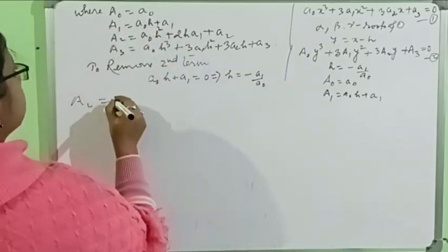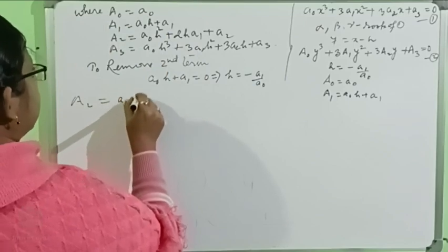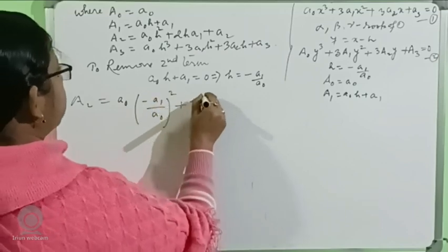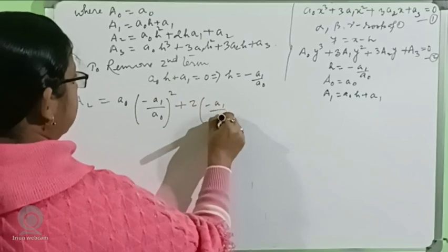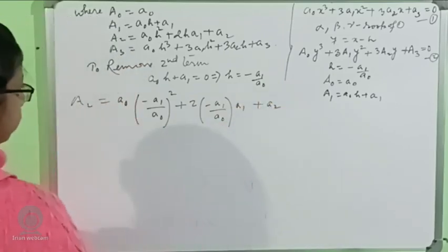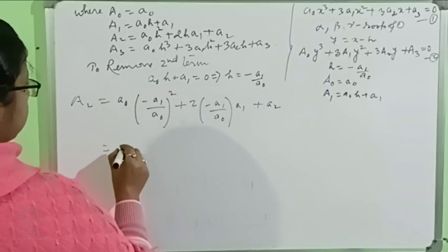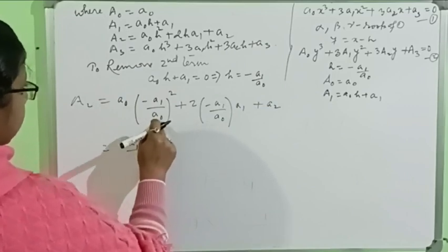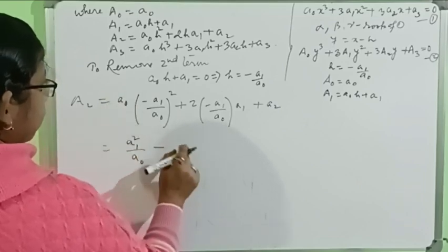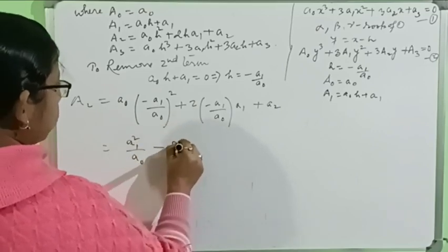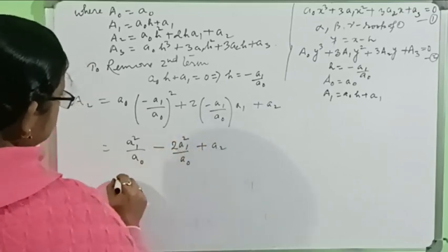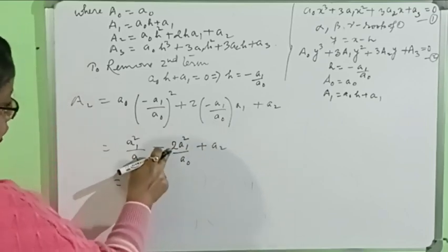Now what is the value of a2? It is a naught times (minus a1 by a naught) whole square plus 2 times (minus a1 by a naught) a1 plus a2. Minus square is plus, so this is a1 square by a naught square times a naught, so there will be one single a naught. And here it is minus 2 a1 square by a naught plus a2. This is 1, this is minus 2.